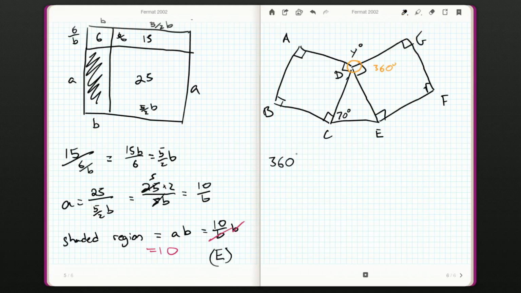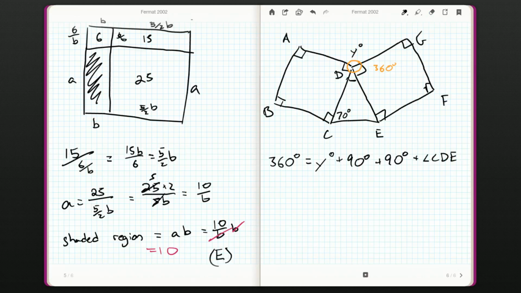So I know that 360 degrees is y degrees plus, oh, I've got two 90 degrees here, and then I have this angle right here, and I don't know what that is. I mean, I know it's angle CDE, but what is it? If I knew what that was, then I'd be able to finish this off and solve for y. So, what is angle CDE?